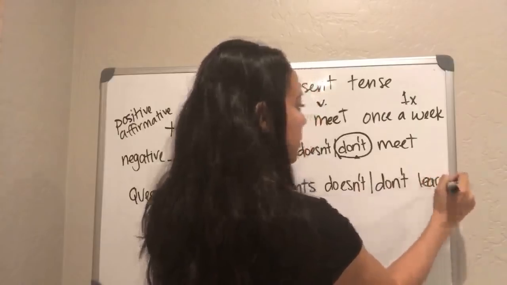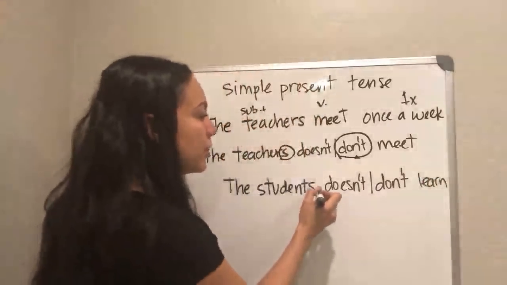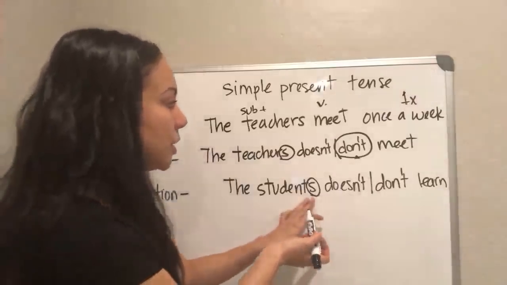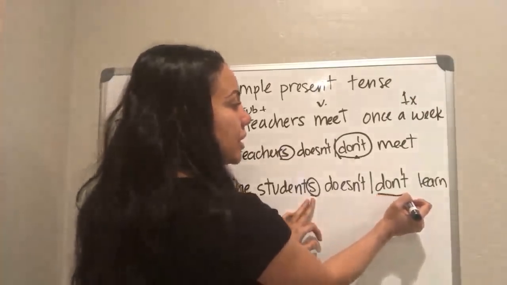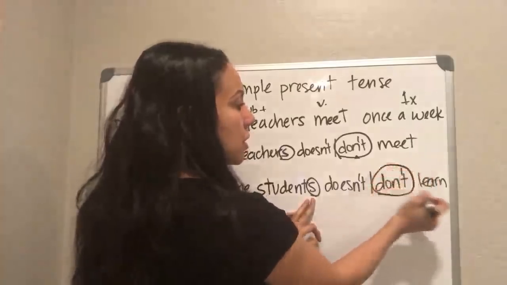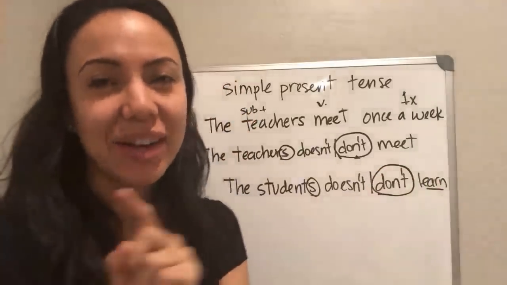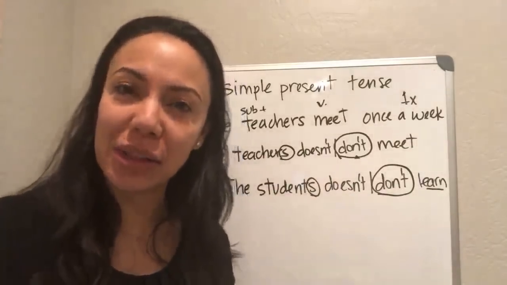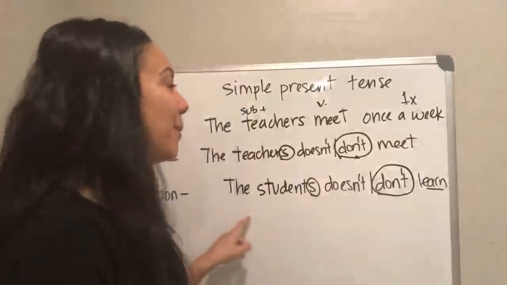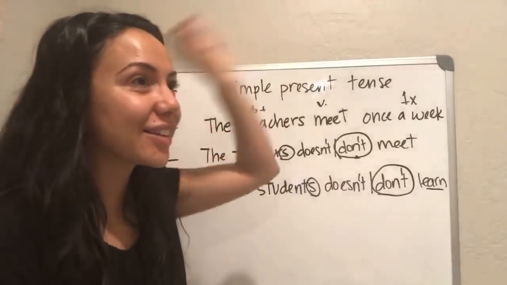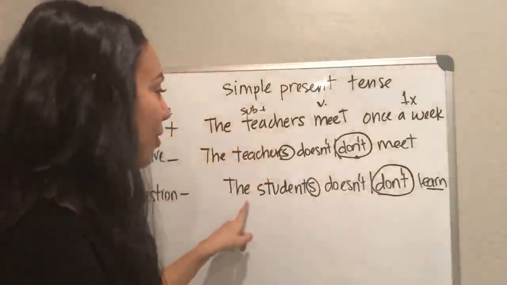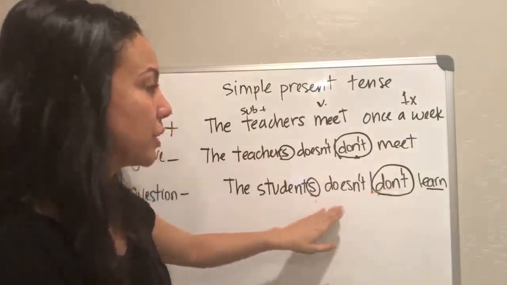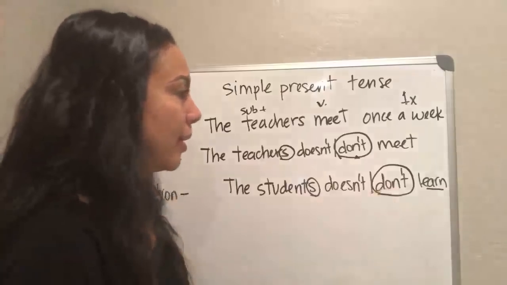So let's take another one, the students. All right, so what do you think, guys? We have the plural again. So it's gonna do the same thing. The students, we're gonna come over here to this guy. Don't learn. Well, in this case, you guys are learning, but we're talking about other students that aren't learning with me. They don't learn, but you guys learn. So those other students that aren't here, those students, plural, don't learn.